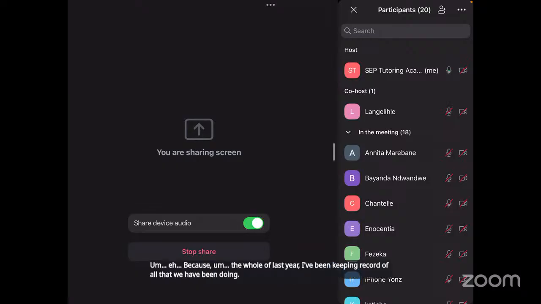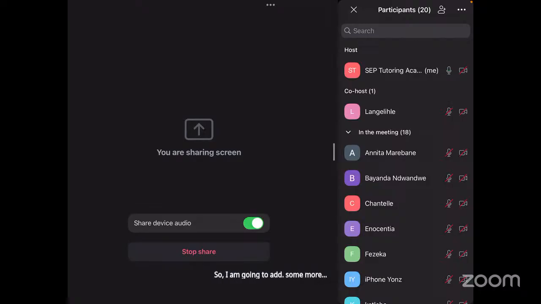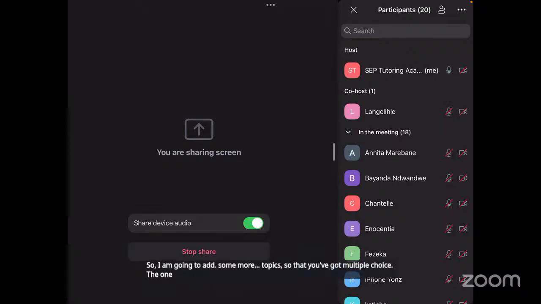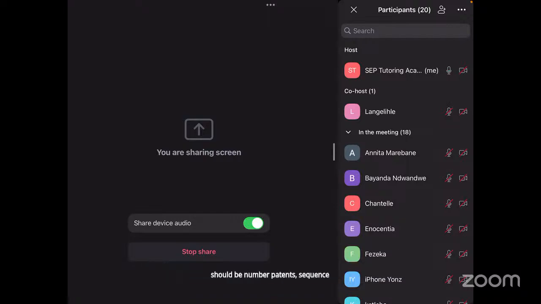So I am going to add some more topics so that you've got multiple choice. The one that I'm sure I'm going to be adding, which should be available on Monday, is number patterns, sequences, and series. I realize some of you have started with it. So I only started with the difficult ones under the advanced session.